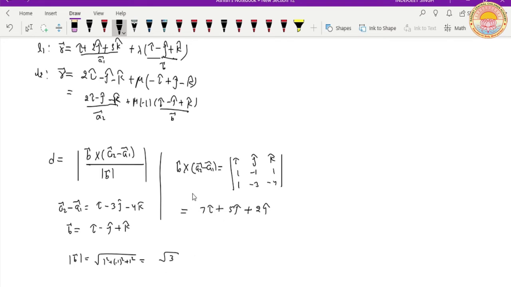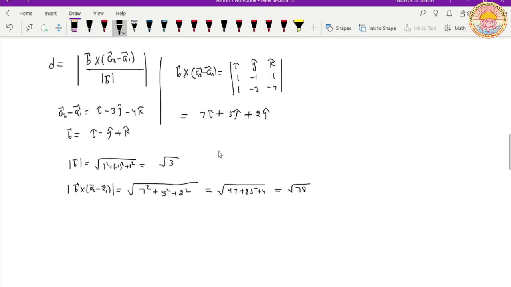We also need the magnitude of vector B cross (A2 minus A1), and that will be the square root of 7 square plus 5 square plus 2 square, which is equal to 49 plus 25 plus 4, and this will give square root of 78.